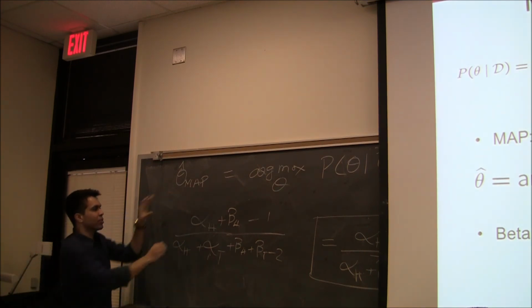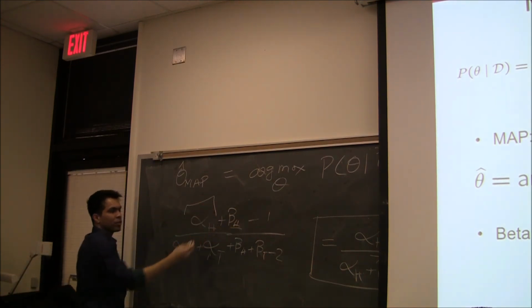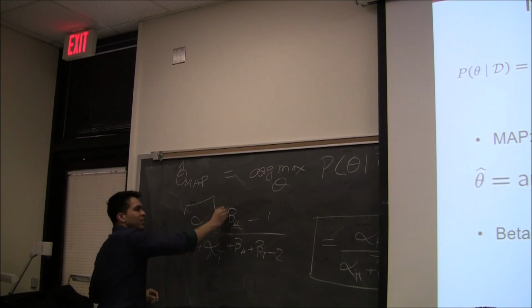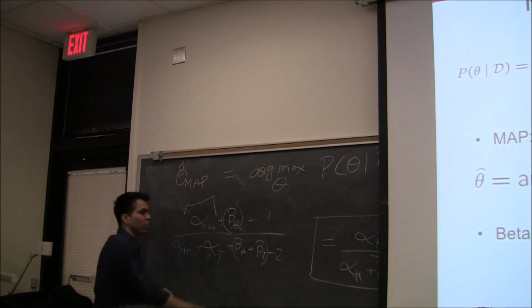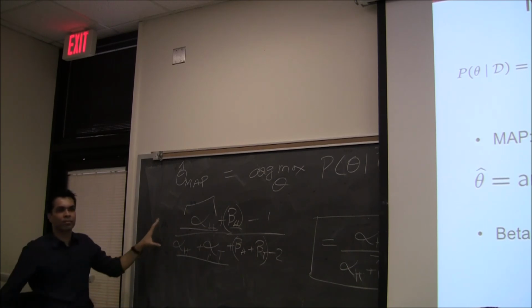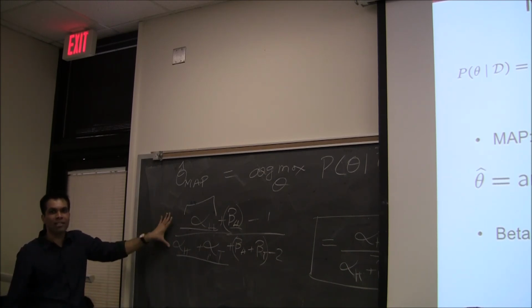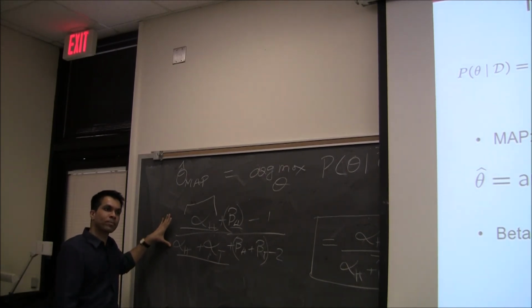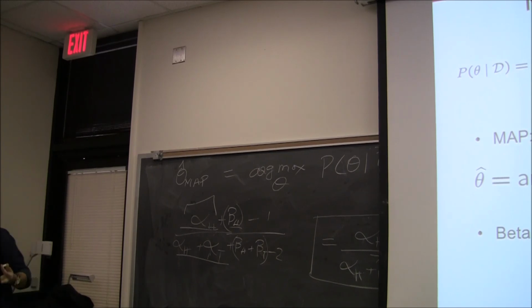As you see more matches, the alphas change, the betas are constants that you start off with. So as n goes to infinity, this is a constant in the numerator, a constant in the denominator, and they both vanish. The terms that dominate are these two terms. Right? So it converges to the MLE estimator with infinite data. That make sense? So your prior is forgotten as you see infinite data.